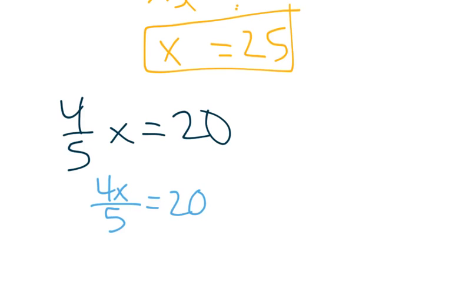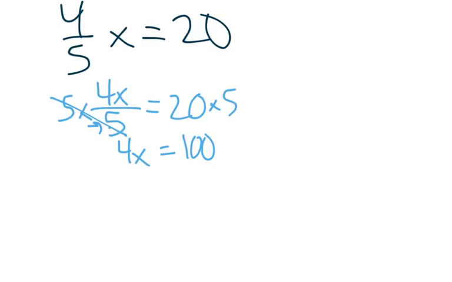What I can do is focus on the 5 first. It's in the denominator, meaning I'm dividing by 5. So I will multiply both sides by 5. Now I'm getting rid of the 5 here, and I have 4x is equal to 100. And then I will divide by 4, get rid of the 4s, and x equals 25.